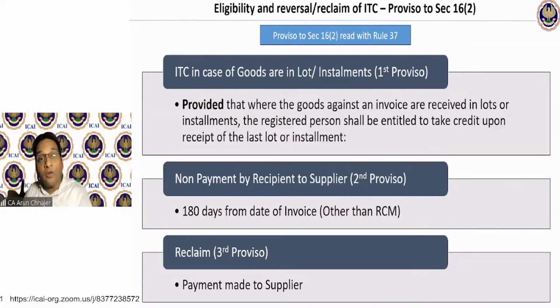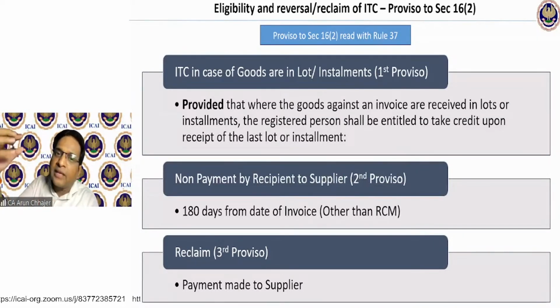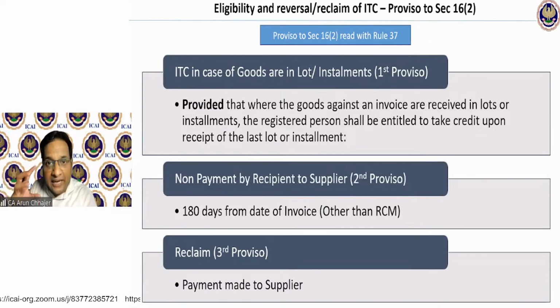And this reversal is a temporary reversal, not permanent. Why am I saying temporary? Because whenever I make the payment to you, let's say after 2, 3, or 5 years, I can reclaim that ITC which I reversed earlier, but the interest would be a loss. This is talking about Rule 37.